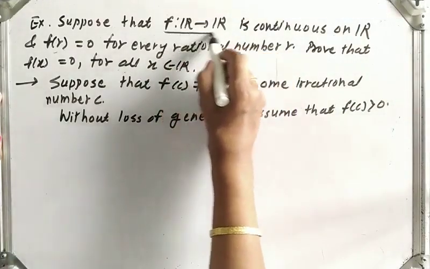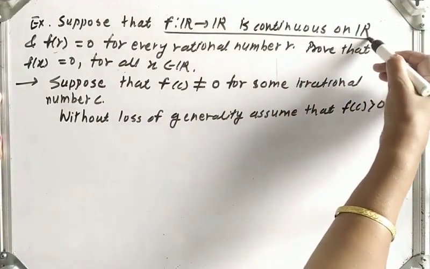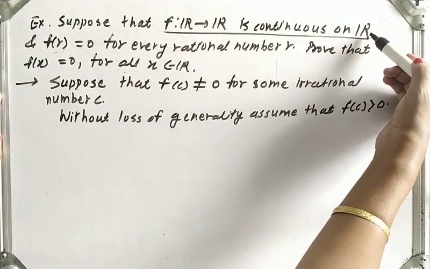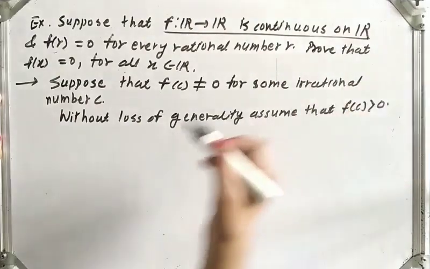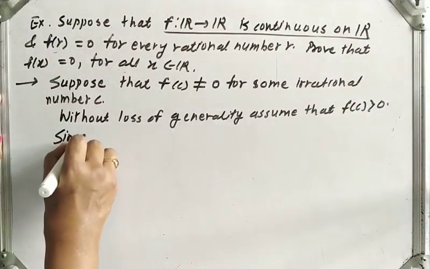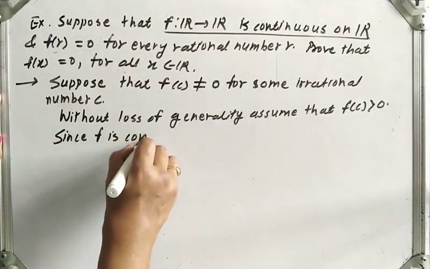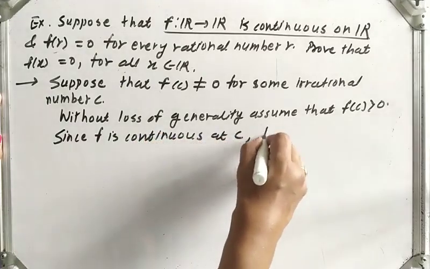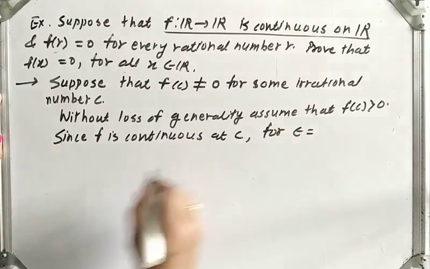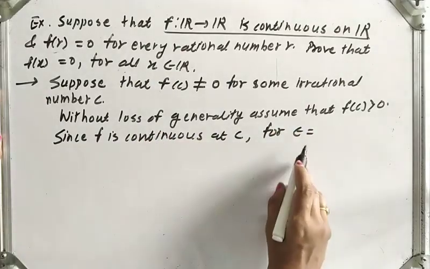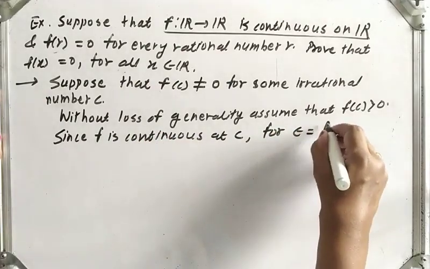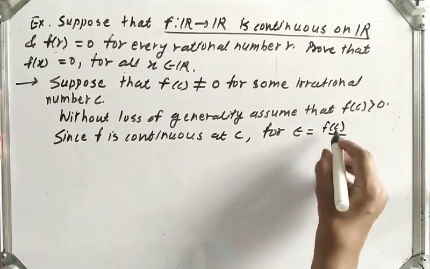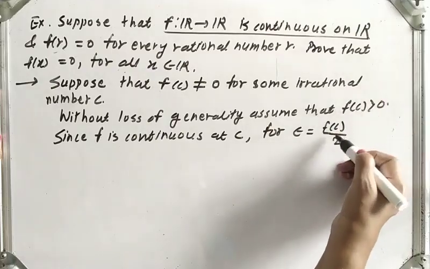Given that this function is continuous on R, it is continuous on rationals, also continuous on irrationals. So since f is continuous at c, for epsilon, we need to take epsilon positive, let us take it as f of c upon 2. Okay, f of c is greater than 0, so we can take it.